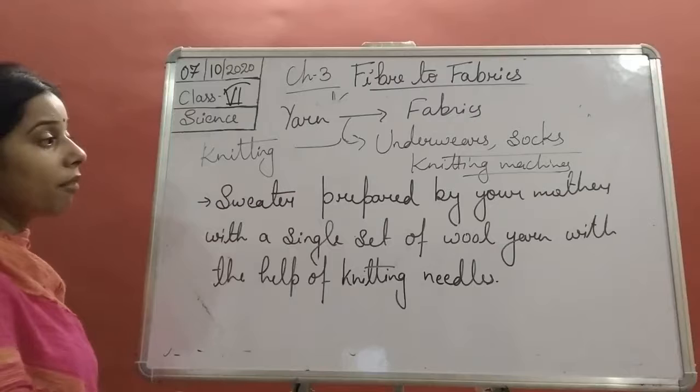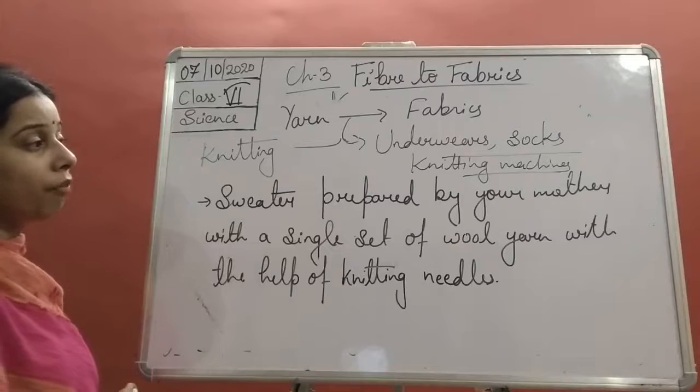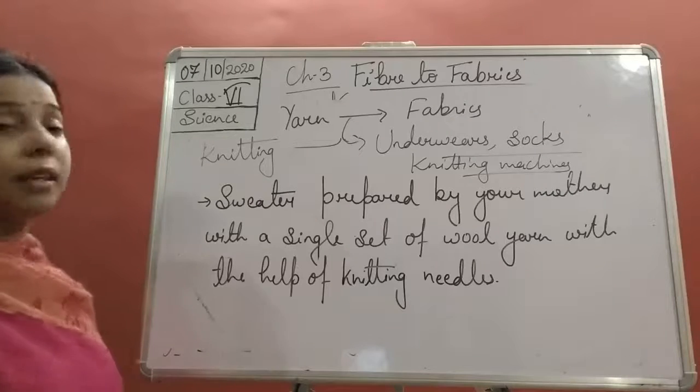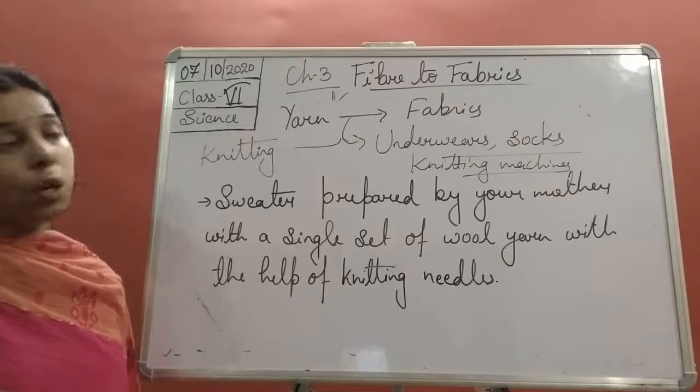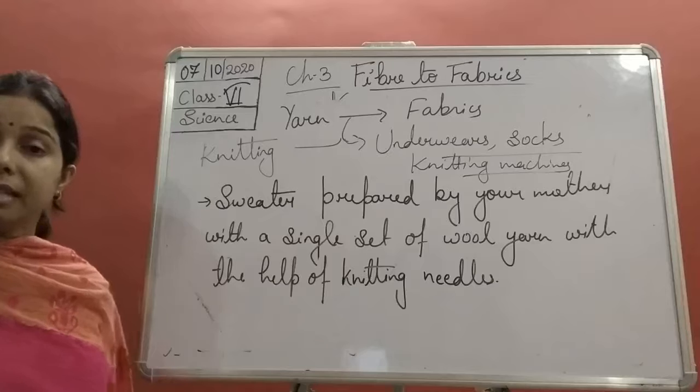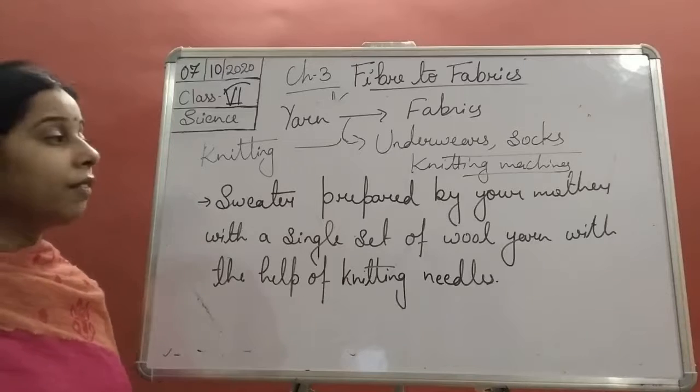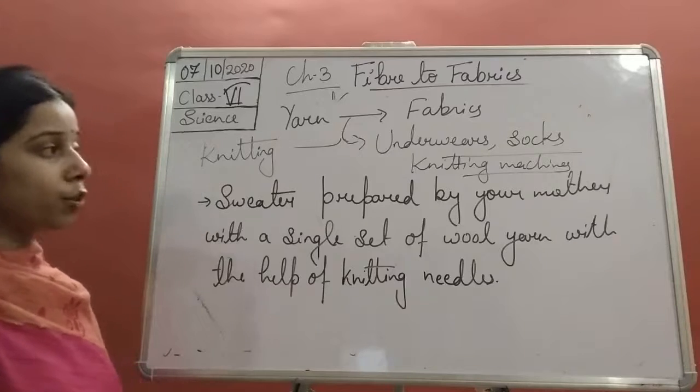So these are some of the examples, students, with the help of which you can understand what knitting is, and how knitting can be done with a knitting needle, which is very common and which you can see at your home during winter.